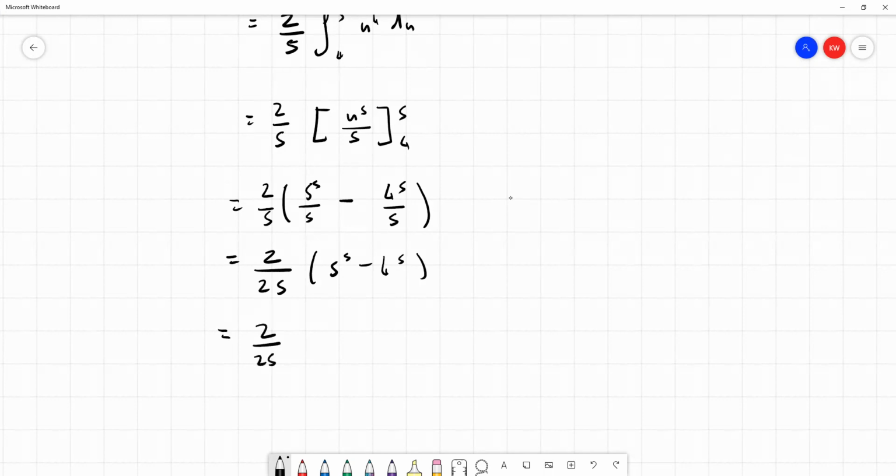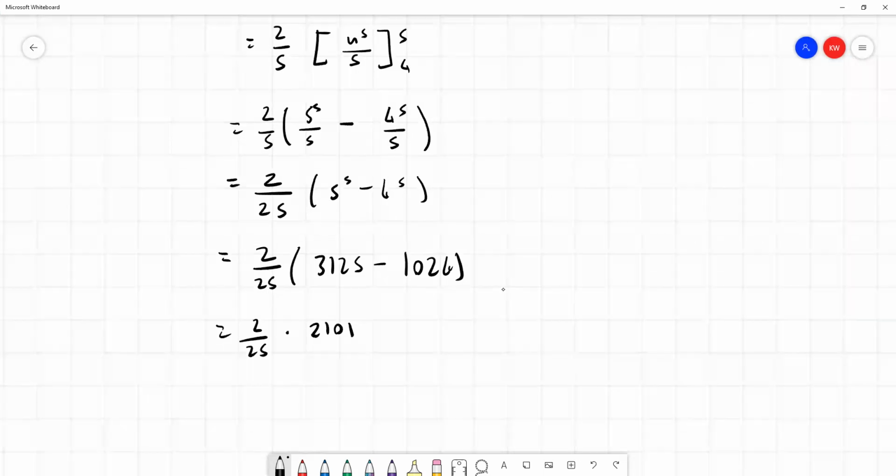These are things we can multiply, but maybe we will just do that. 5 to the power 5 is equal to 3125, and 4 to the power 5 is equal to 1024. So we're going to have 2 over 25 multiplied by the difference between these two numbers. That's going to be 2101.